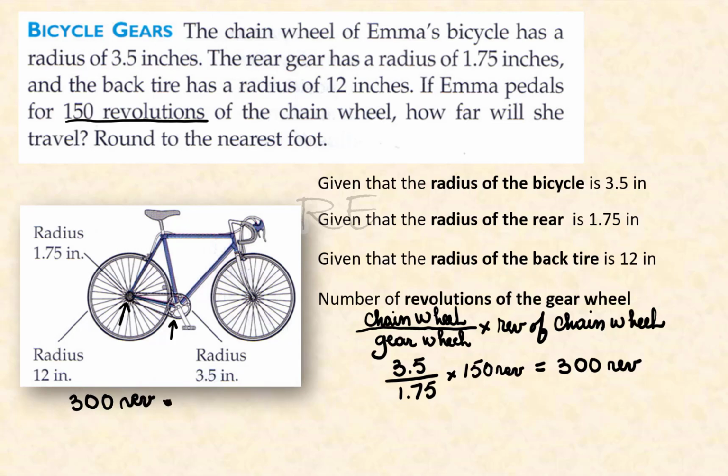Now 300 revolutions will be converted into radians, and it'll be our angular speed. 300 rev multiplied by 2 pi for 1 rev, and our angular speed will be 600 pi radians. Now the linear speed will be the radius of the back wheel multiplied by the angular speed.